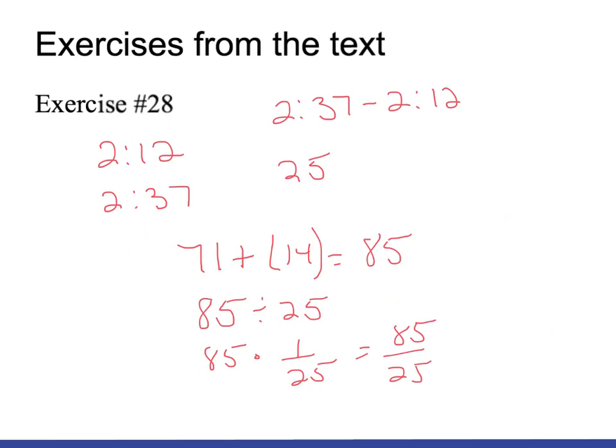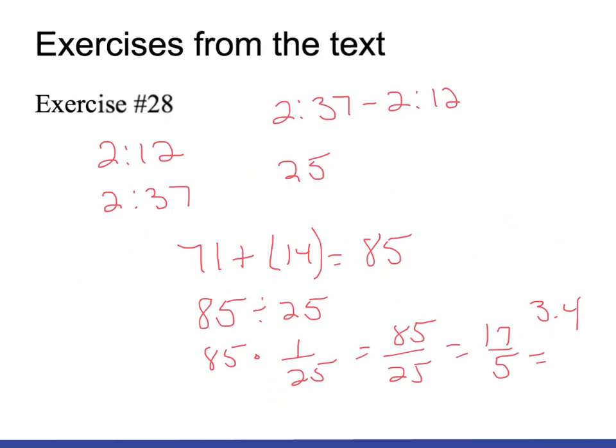Alright, let's see, 85 over 25 gives me 17 over 5, because if you divide them both by 5 until you get down, and then 17 divided by 5 equals 3.4.